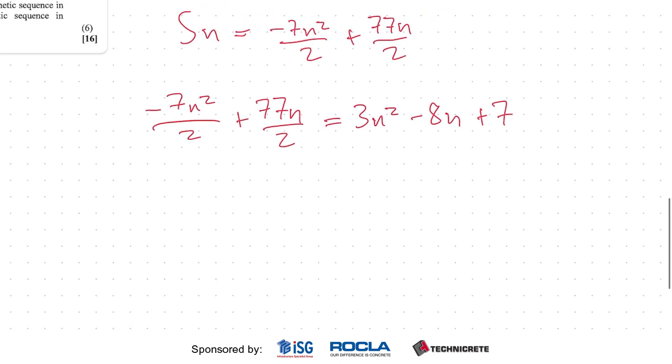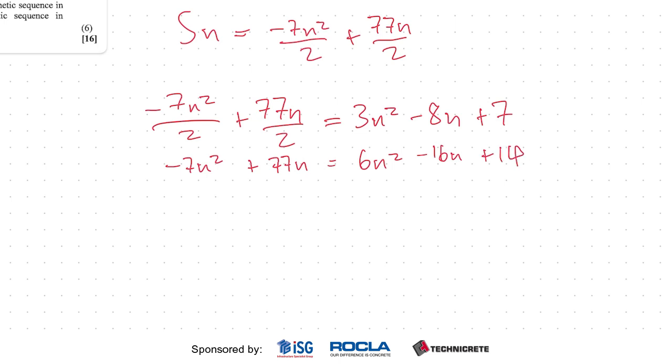I think what's easier, let's just multiply everything by 2. So we'll get negative 7n squared plus 77n equals 6n squared minus 16n plus 14. And then let's group like terms.